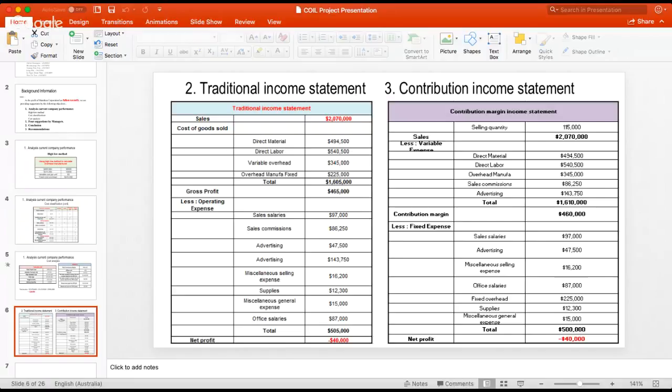This is the income statement that has been made for the projection of 2019. If 115,000 units are sold at $18, we use the contribution margin, outlining the variable cost and fixed cost, to create the net income for the company, rather than the traditional method, which will produce the same net profit but outline the expenses as cost of goods sold and other expenses.